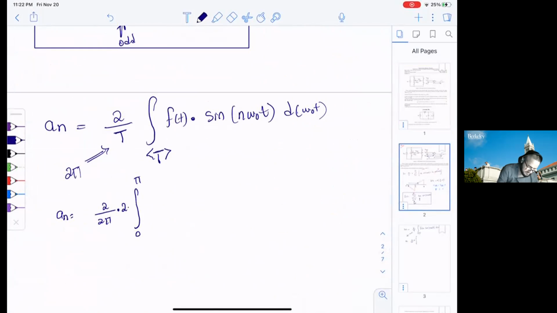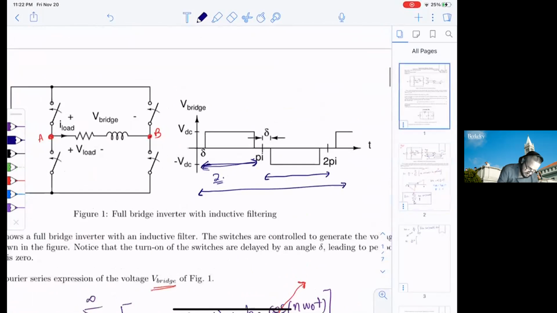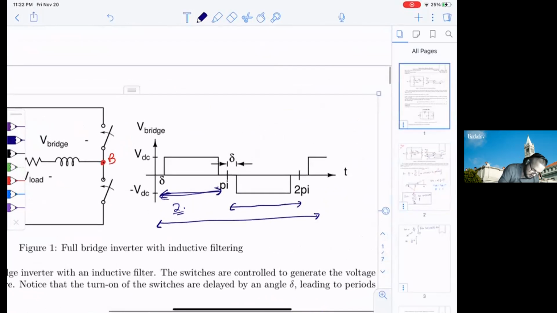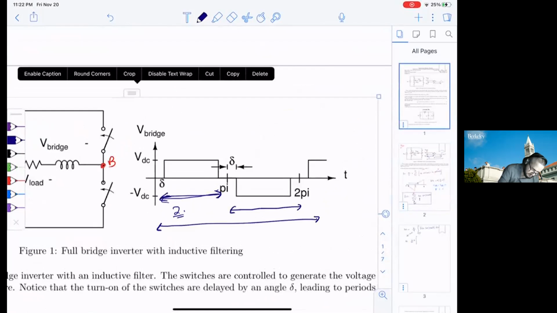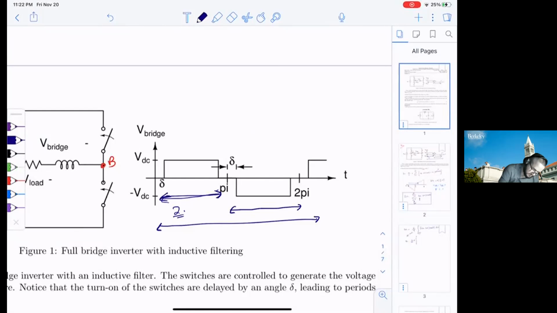And then let's look at f of t in that region. f of t is equal to VDC from delta to pi minus delta. In that range, it's equal to just VDC.